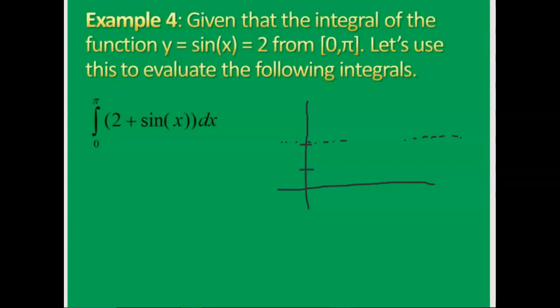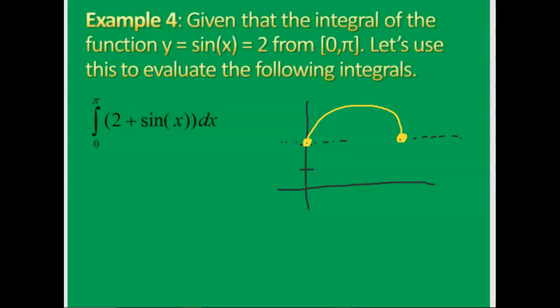So my curve now goes from 0 to 2, up to 3, and back to 2 at pi.